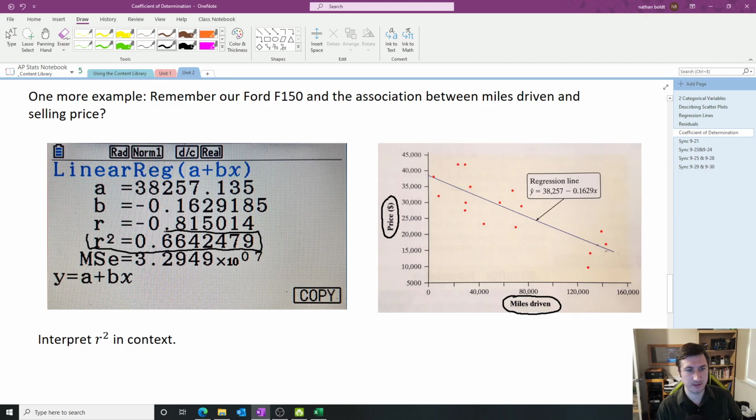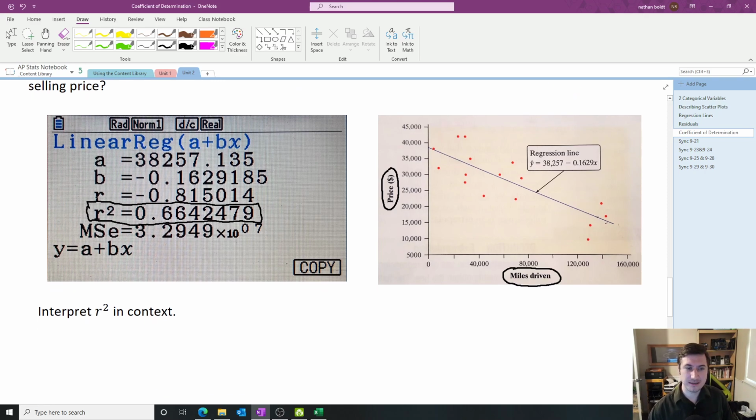R squared is 0.66. This is what you're going to be doing. You're either going to get a computer printout or a calculator readout of what r squared is. So take a second. Can you write the sentence for r squared? Pause the video. See if you can use the sentence frame from the beginning of the video to write what r squared means and tells us.